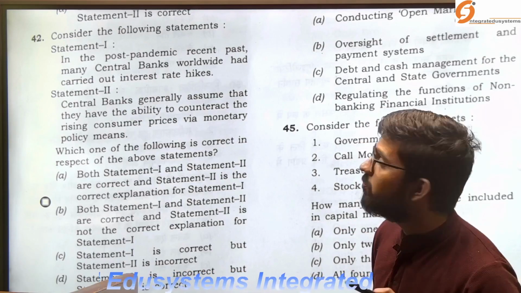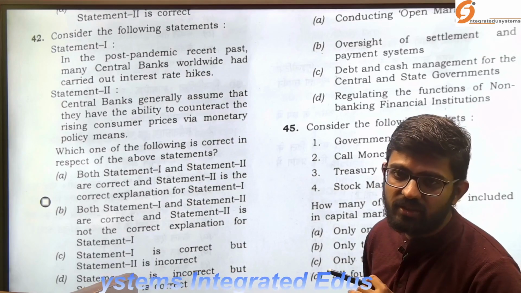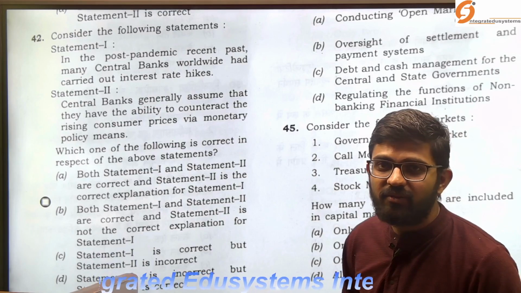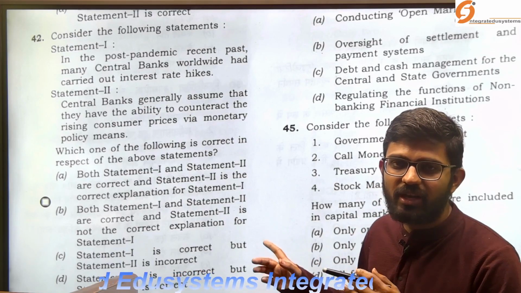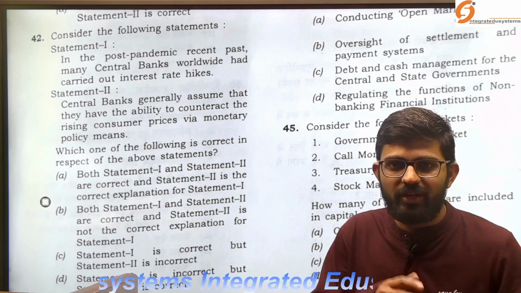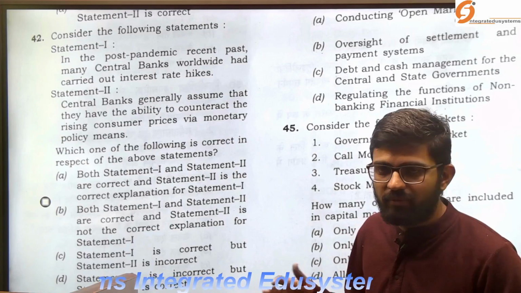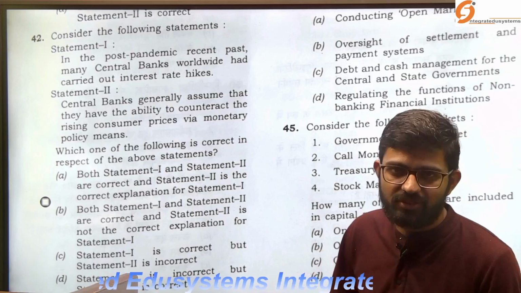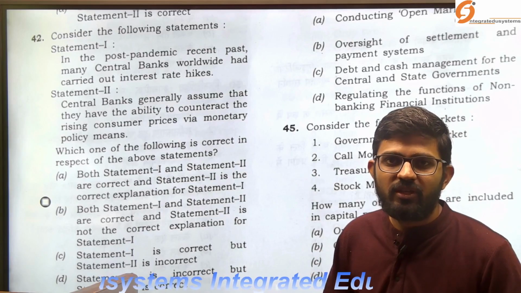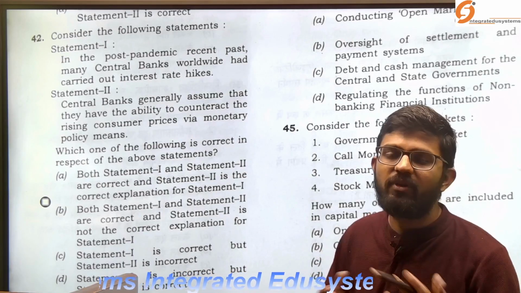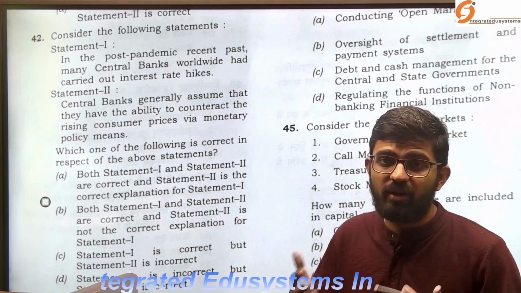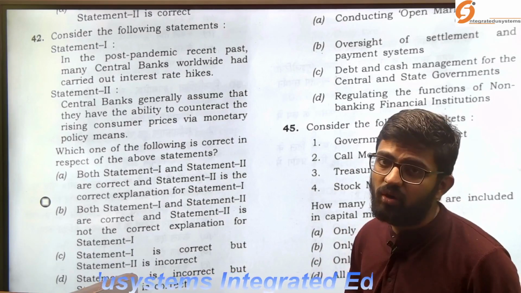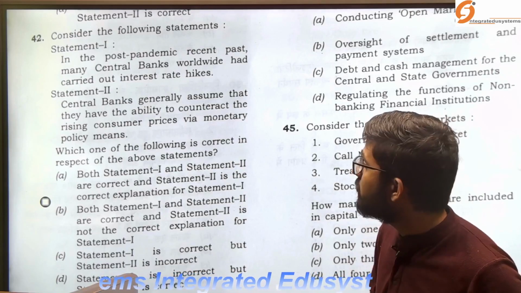Statement 1: In the post-pandemic recent past, many central banks worldwide have carried out interest rate hikes. Even this question has some backward linkage with questions 21 and 22. We have been reading in the newspaper that the US Fed is raising its interest rate, because inflation has been galloping in every country, even in developed countries. So interest hikes are going on to counter inflation.